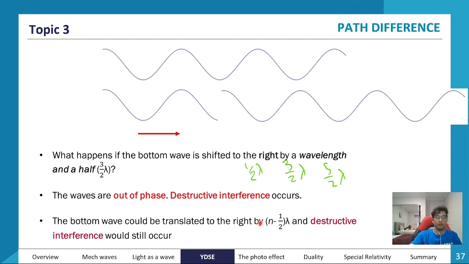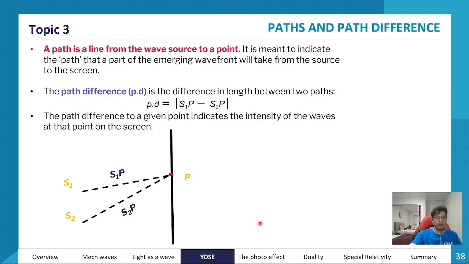But why am I going through all of this? It's because of something called path difference. Essentially, path difference is the distance from the wave source to some point. It's given by this formula: S1 minus S2, where S1 and S2 are the distances the waves travel.